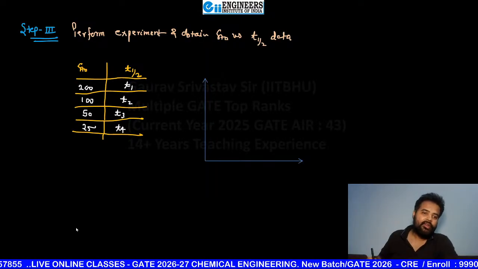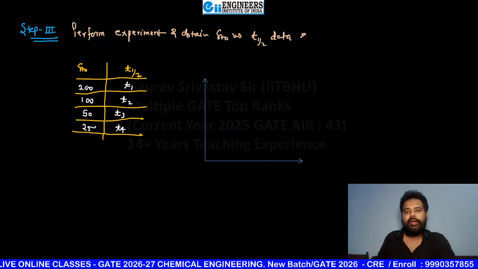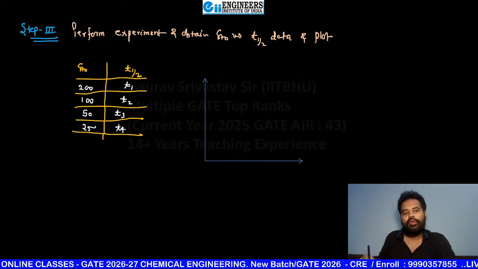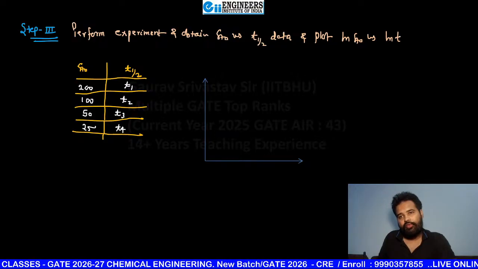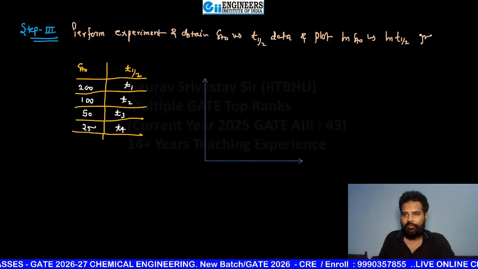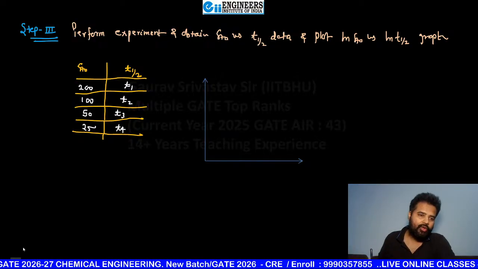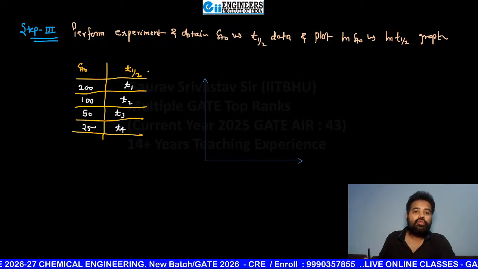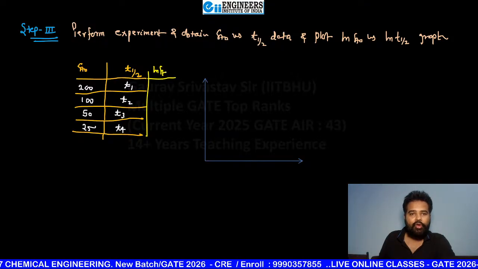So here we saw the graph. Now after this, obtain this data and in the same step plot ln of CA naught versus ln of T half graph. How, sir? With respect to every CA naught you can get the value of ln of CA naught.